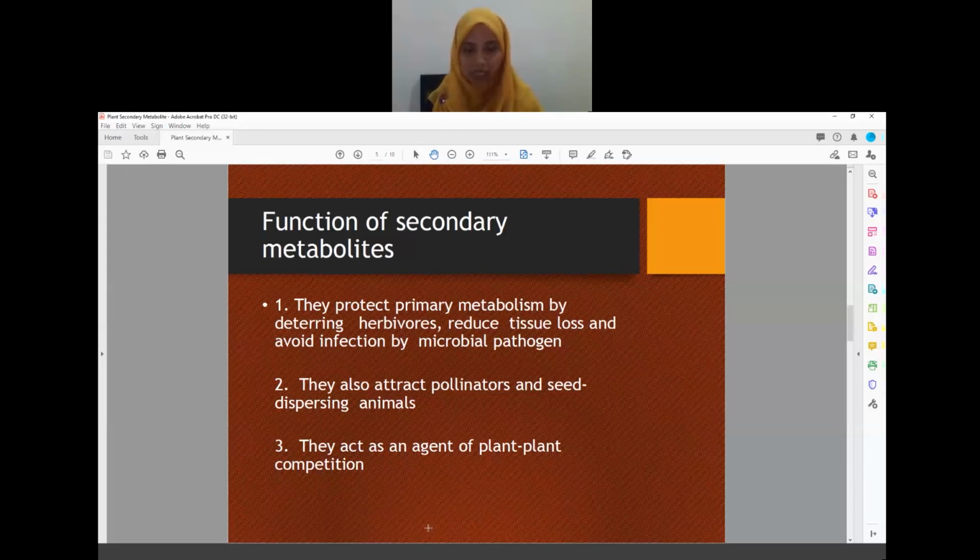Those pigments contribute to the color of the flowers or even the whole body of the plants. Those are from the secondary metabolite groups. So I give you one example. If you see a purple flower, we have one flower that is quite famous recently.